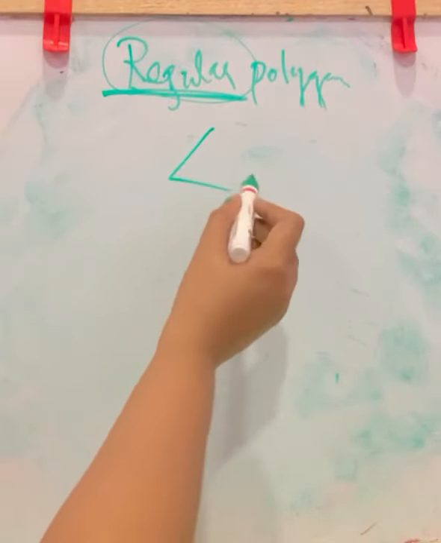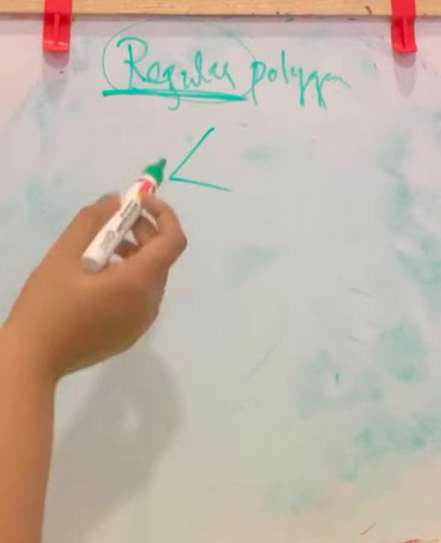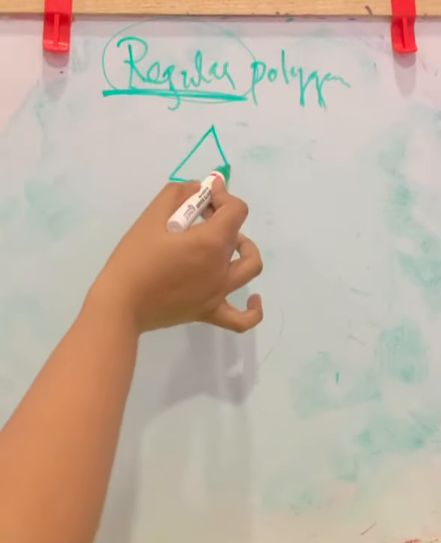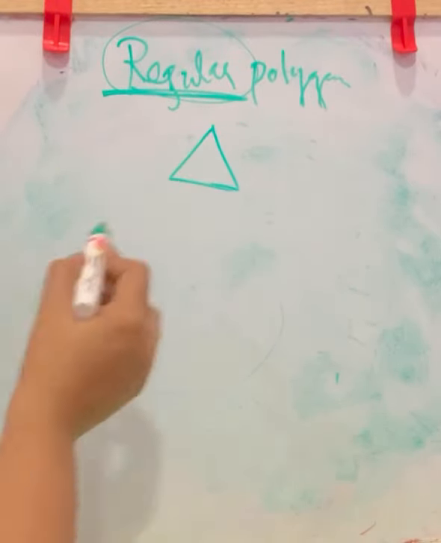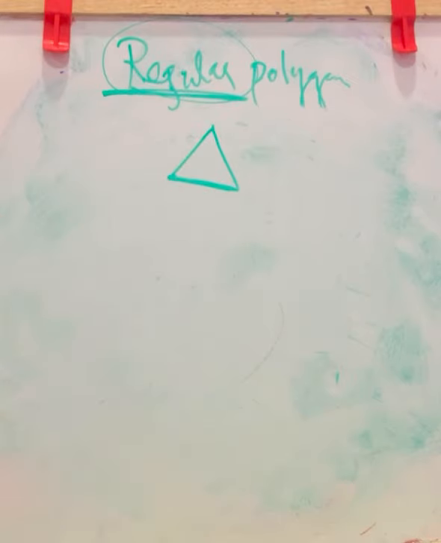Next, what is the minimum interior angle possible for a regular polygon? Minimum interior angle means which is the least sided figure? It is the triangle. Polygon starts from the triangle. With two sides we can't form a polygon because a polygon must be closed. So while we close it, it forms a triangle and this is a regular triangle. And we want to check what is the minimum interior angle for this regular polygon.